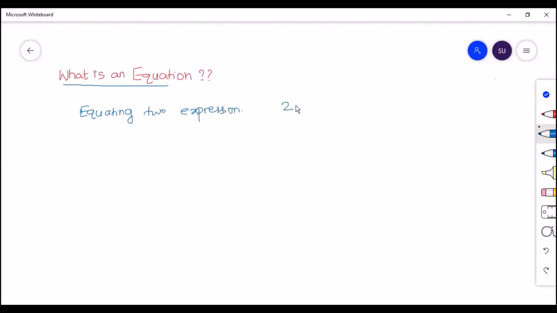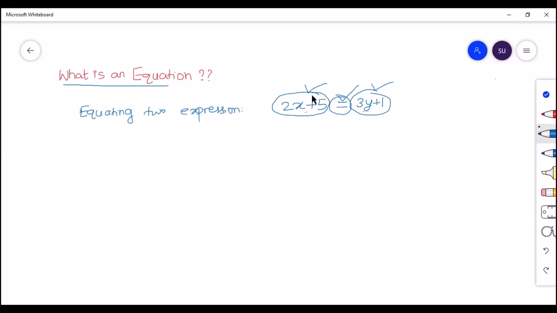For example, I have an expression called 2x plus 5 and another expression called 3y plus 1. Each of these is an expression. If we equate them, that means connecting them by an equal symbol, we can convert this into an equation.